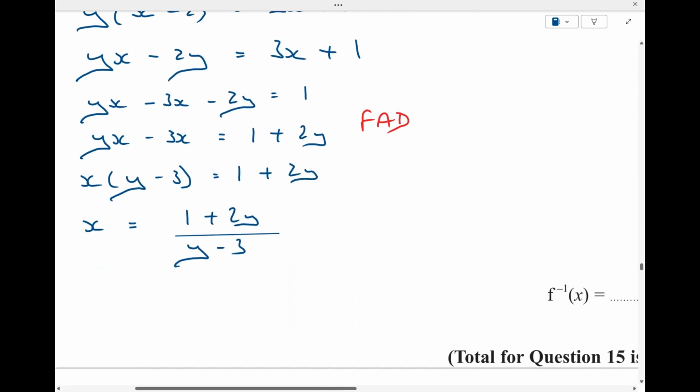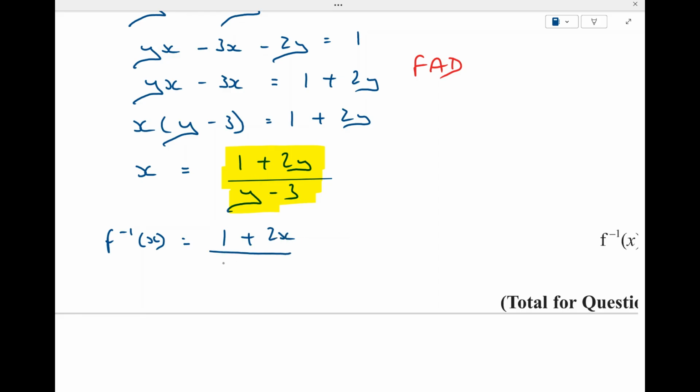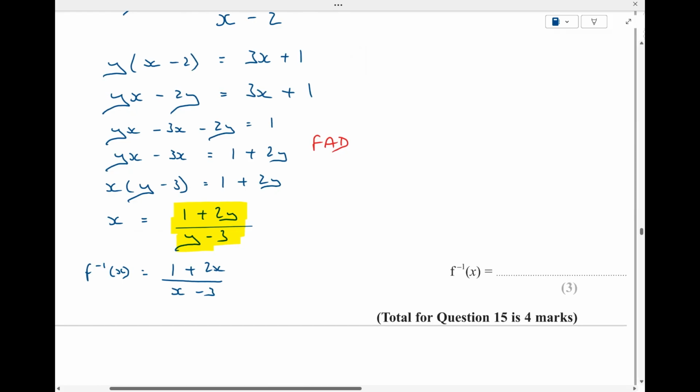So now I'm in a position to write out my inverse function. My inverse function is going to be this expression here, copied down, but with x in place of the y. So there is my inverse function, f to the minus 1 of x.